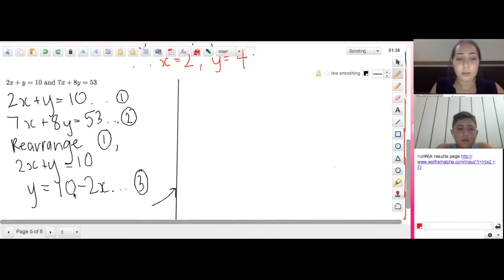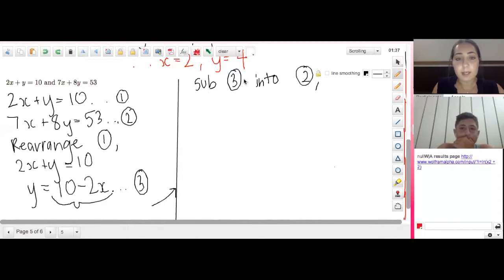So now that we have y as the subject of this equation, we can substitute this value over here into our second equation. So we say sub equation 3 into 2.